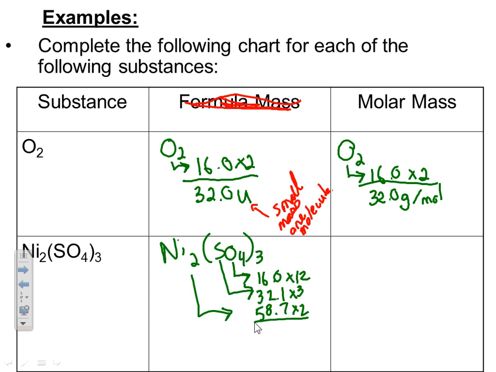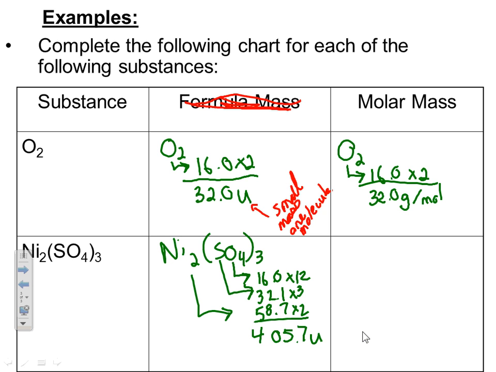So if I get my calculator now, you'll have to be patient. I'm calculating 16 times 12 plus 32.1 times 3 plus 58.7 times 2 equals, and that gets me a number of 405.7. Because this is a formula mass, this is U.